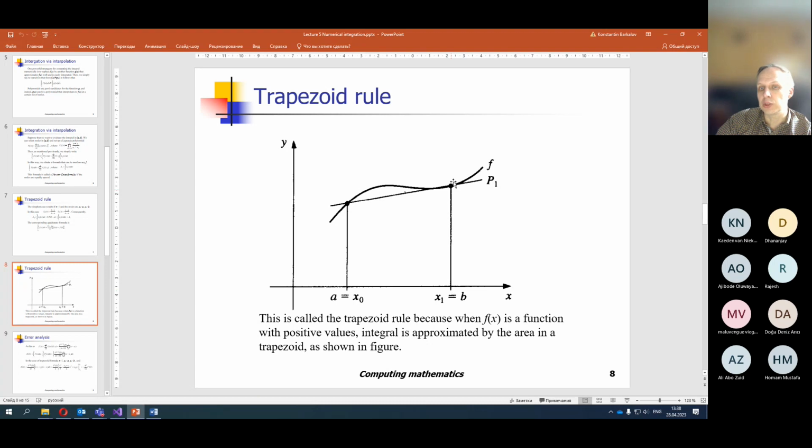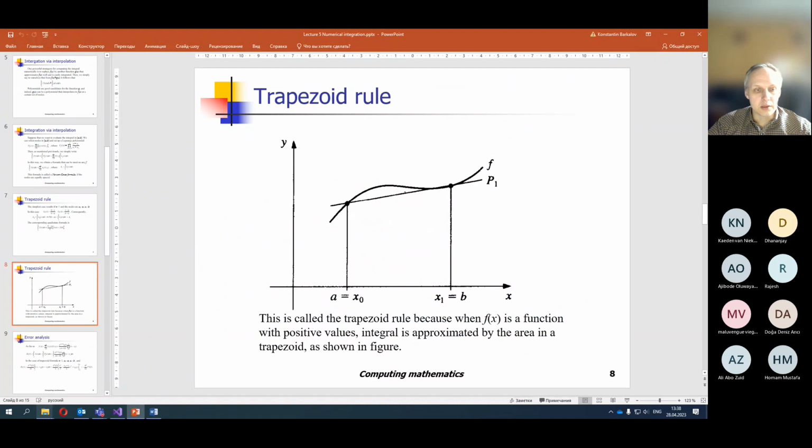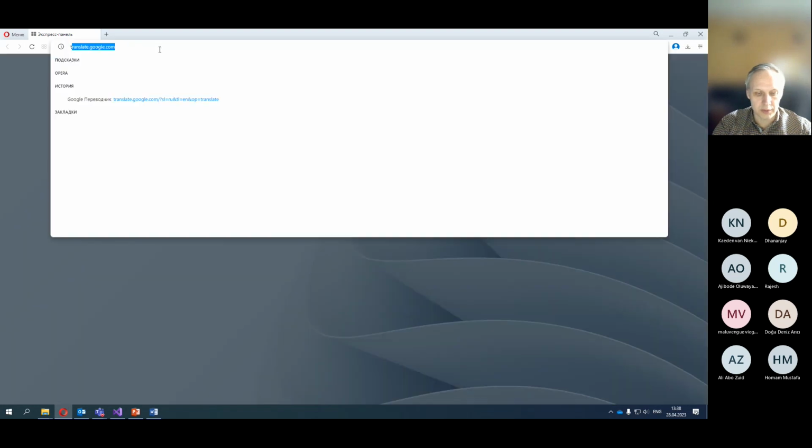If we need to compute such an integral that can consist of a lot of intervals, we need to just sum them up. The integral from x0 to x1 plus the integral from x1 to x2 plus the integral from x2 to x3 and so on. I think you can easily find the trapezoid rule on Wikipedia.